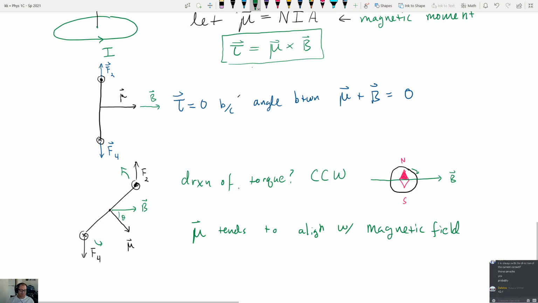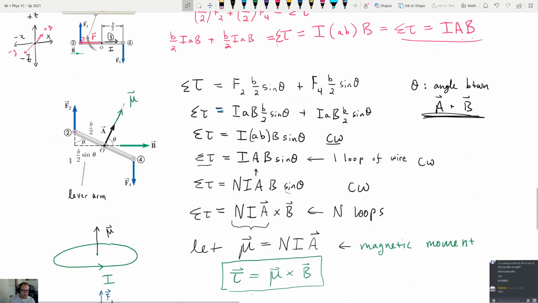So it turns out that a compass has its own little magnetic moment, and it points this way, right? And the compass needle is just going to rotate until it points in the same direction as the magnetic field. So it turns out that not only does a compass do that, but also a loop of wire does exactly the same thing.